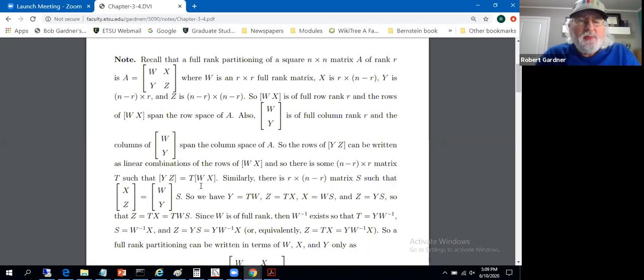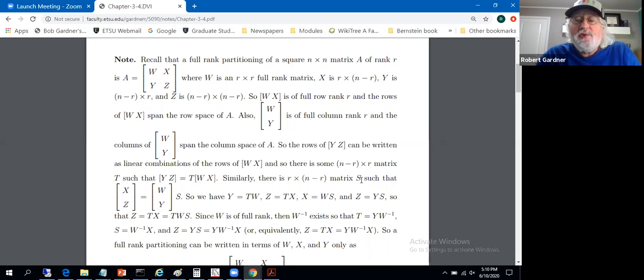When you multiply matrix [W X] on the left by some matrix T, what you get is linear combinations of the rows of [W X] using coefficients from matrix T. With proper coefficients, these can be chosen to produce this collection of rows. So that's how matrix T is determined. So there exists a matrix T such that multiplication on the left of the upper part of the partitioned matrix produces the lower part.